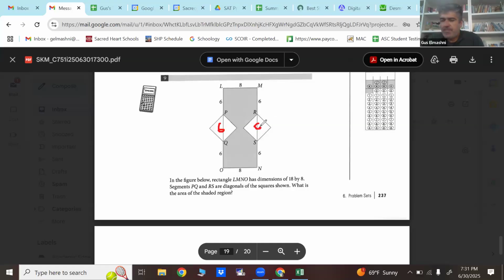For number 9. This is the one thing I was struggling with, the shaded part stuff. Well, don't worry about the shaded part right now. Do you guys see why these two are 6? What are the dimensions of the rectangle? 18 by 8. So you have 8 over here, which means this has to be 18. We have 6 and 6, so this has to be 6, right?